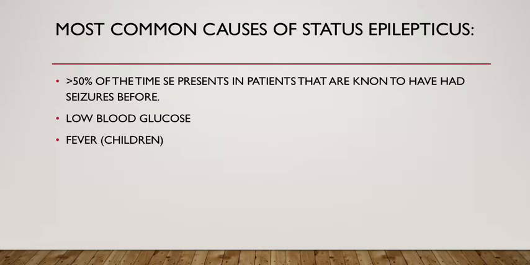Also, something important is that low blood glucose levels are associated with status epilepticus, and also very high blood glucose levels. So in any patient presenting with status epilepticus, we might want to take a blood sample to rule out this cause. And in children, mainly, fever is an important precipitating event.